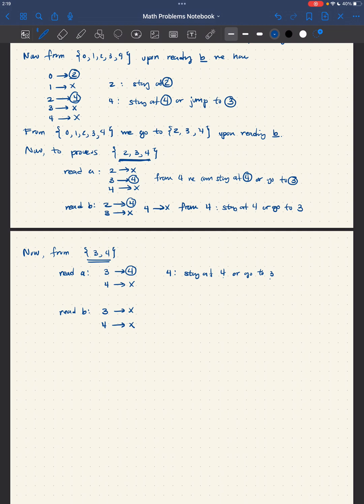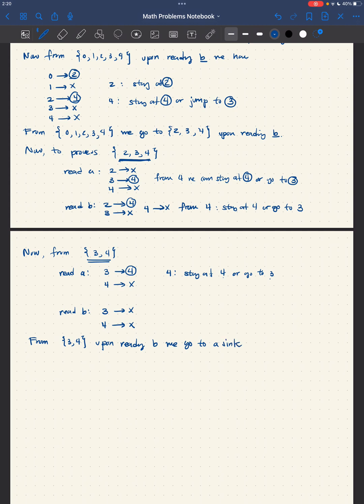And how do we denote that? By introducing the empty set. In other words, from the state 3, 4, upon reading B, we go to a sink.